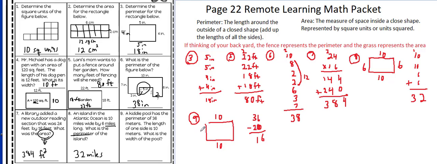So I know that this side plus this side has to equal 16. So if I divide 16 by 2, okay, so each of these sides would equal 8.